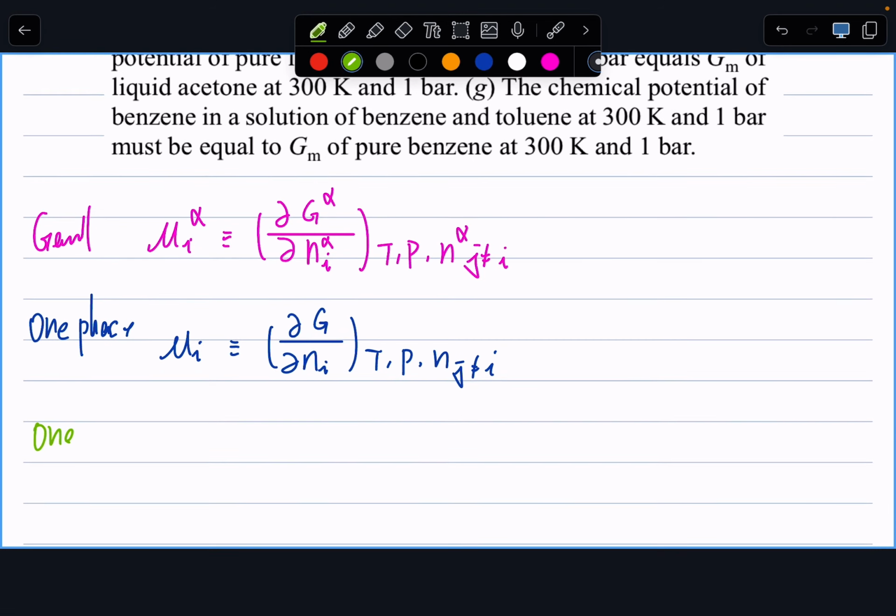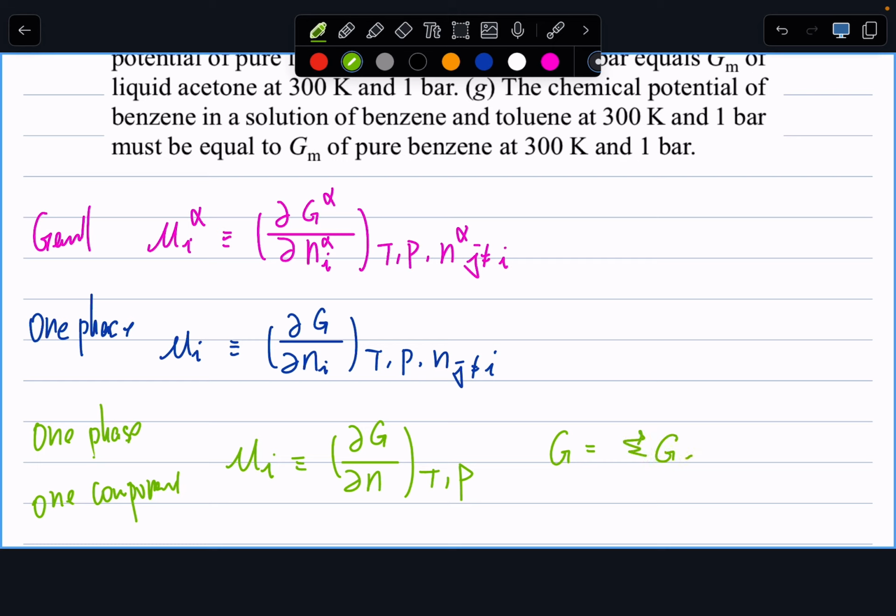But what if we have one phase, one component? So in the one phase, one component case, now my mu i equals dG over dN at constant T and P. Since we only have one component, my G equals the sum of all my components, and now that just equals Gi, right?